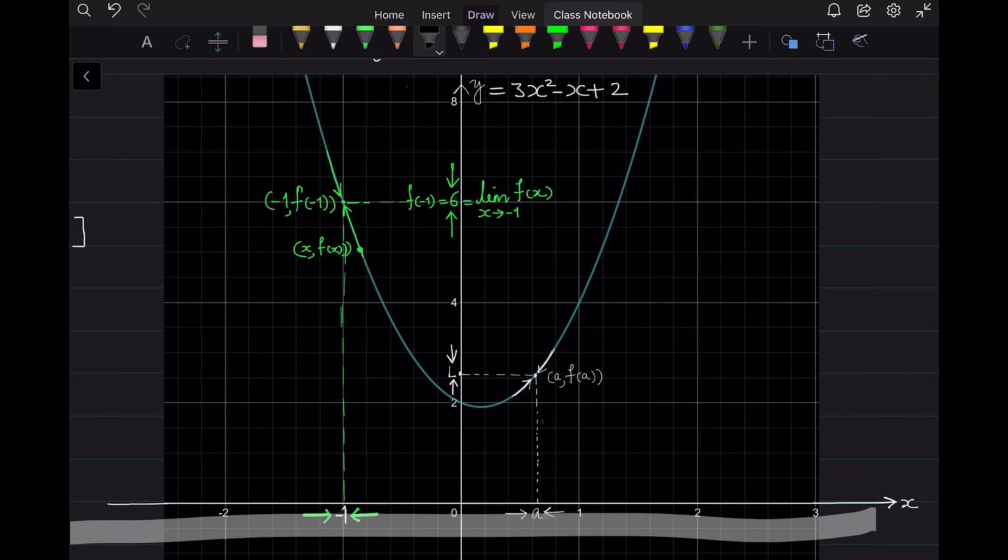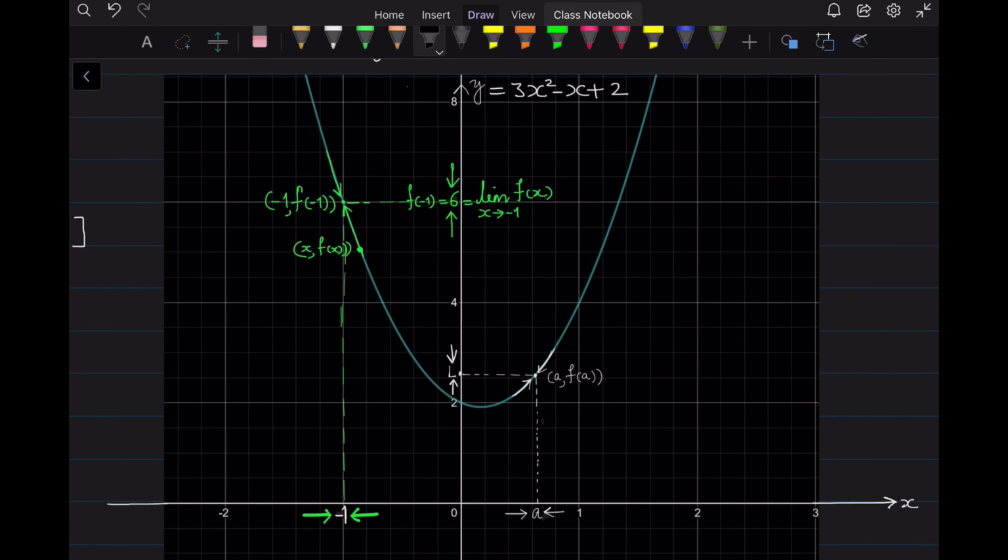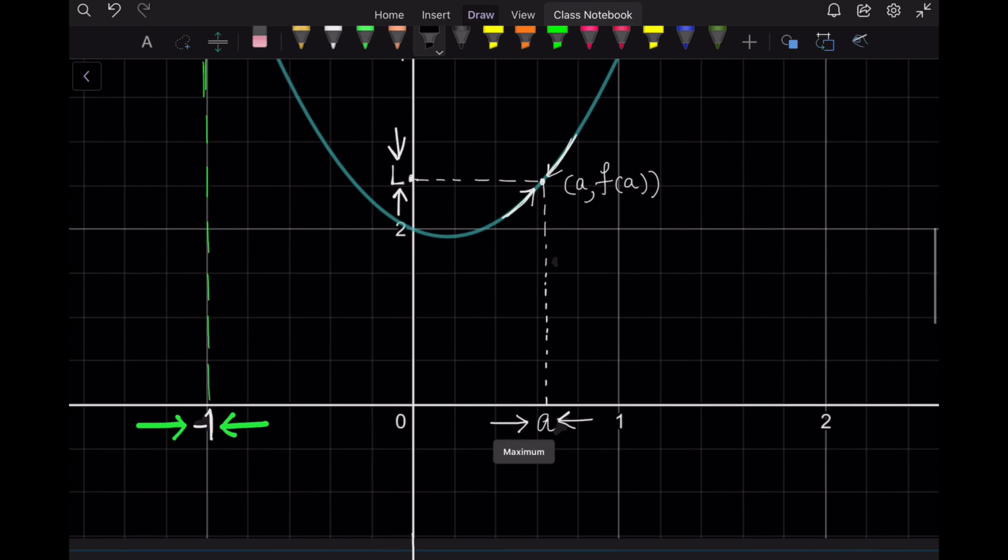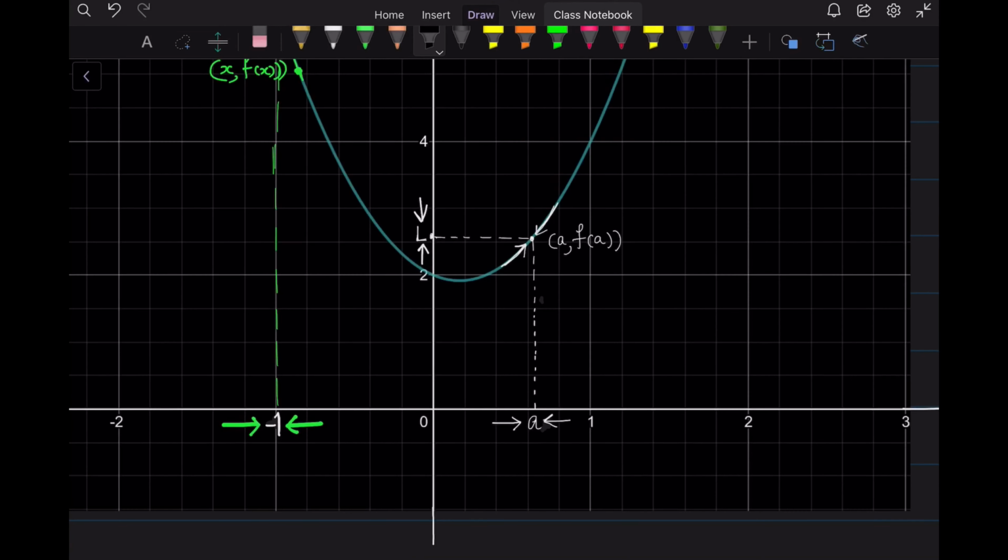So if we talk about polynomial functions in general, you can see here, suppose a is any real number, whether x approaches a from the left or from the right side, in both cases the points on the graph approach the same point. That is, the values of the function approach the same number, which is the limit of a polynomial function. So I mean to say that the limit of a polynomial function as x approaches a always exists.